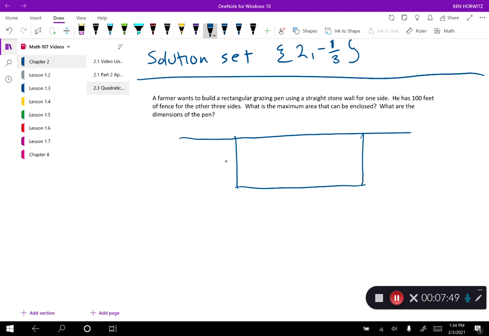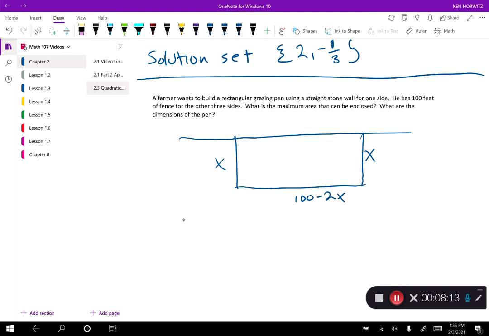So if this is a rectangular pen, then these two sides are going to be the same length. We'll just call them x. Now we have a total of 100 feet of fencing. I'm subtracting off x and x, so minus 2x is going to be for that third side. So this would be 100 minus 2x.